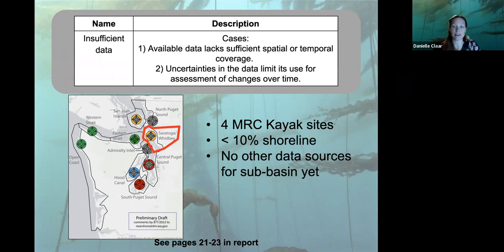And we don't have any other data sources for the subbasin yet. We're working on improving those data sources, but at the current time, the quantitative data doesn't allow us to assess the trends using statistical testing. Next slide, please.